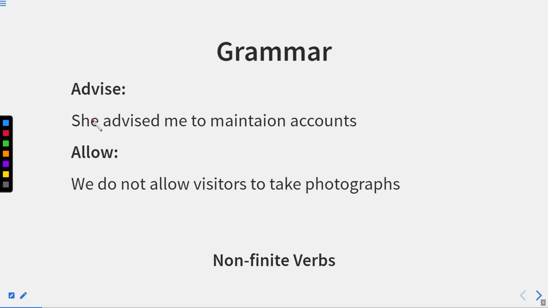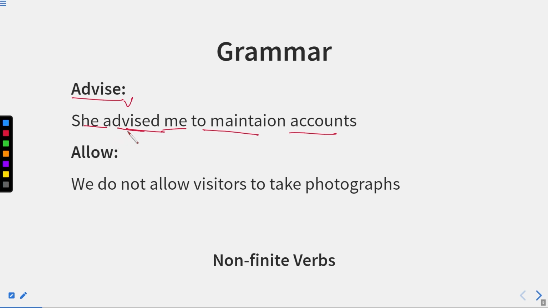Suppose we have the word advise. Advice is when we give some suggestion or opinion to someone else so that he may act upon it. She advised me to maintain accounts. Now here we can see that advised is the main verb, that she has given me a piece of advice.